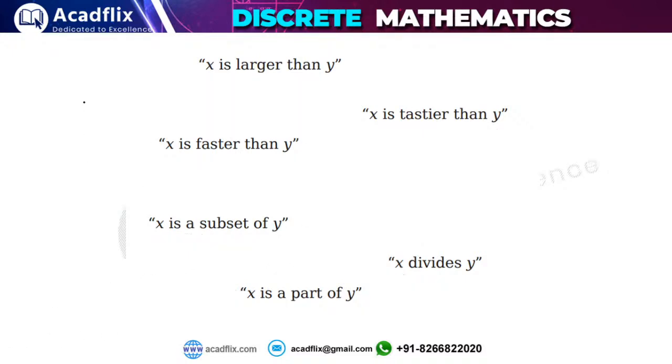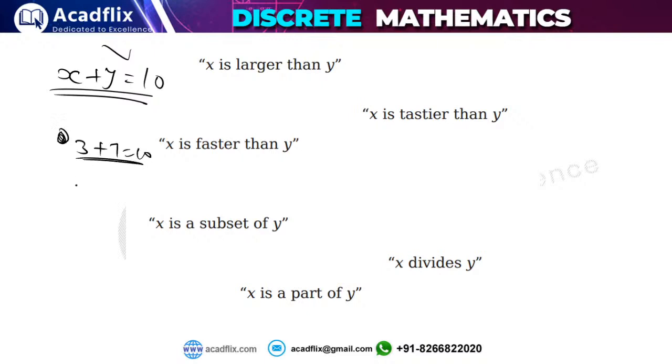Now you will ask me, if all these relations are order relations, then what is a relation which is not an order relation? So consider this: x plus y is equal to 10. This is not an order relation. Why? Because you cannot put any order. For example, 3 plus 7 is equal to 10, but 7 plus 3 is also equal to 10.